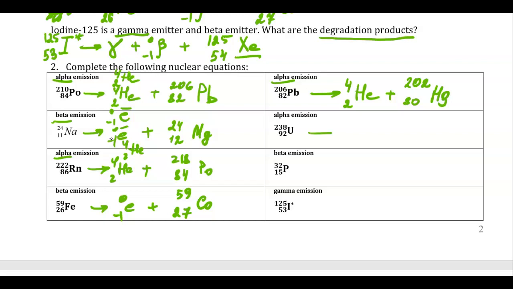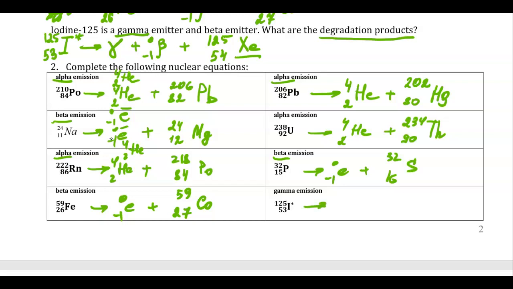Okay, uranium, alpha emitter. So alpha particle, and gives us degradation product 90 here and 234, and you already know it's thorium. And beta emission for phosphorus. So beta, it's electron here, and the degradation product or daughter nucleus 16 and 32, and that gives us sulfur.